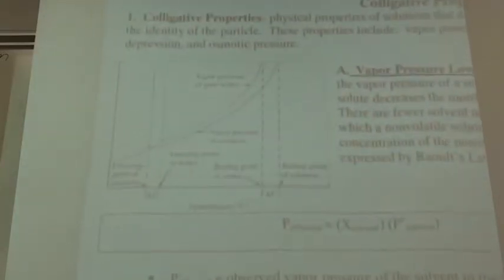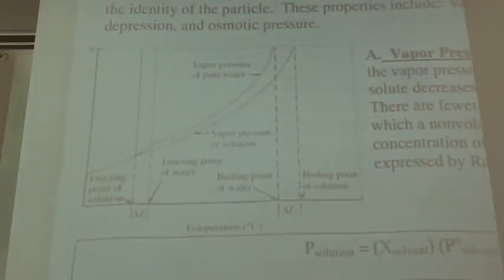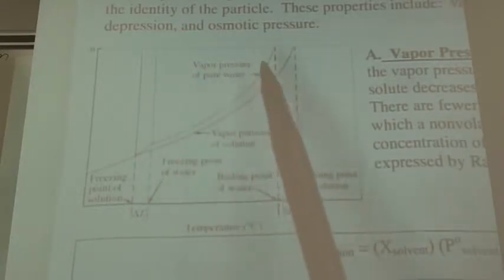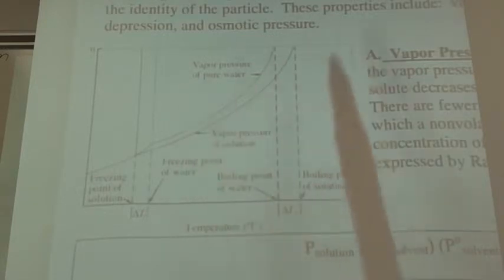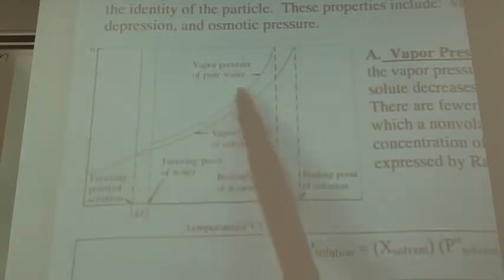Now, when we look at this, this is a vapor pressure curve. So this would be the equilibrium between the liquid state and the gas state. And this would be the pure vapor pressure.